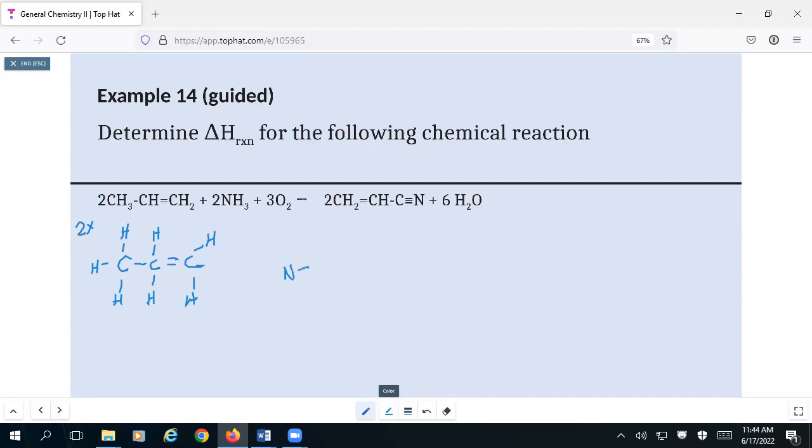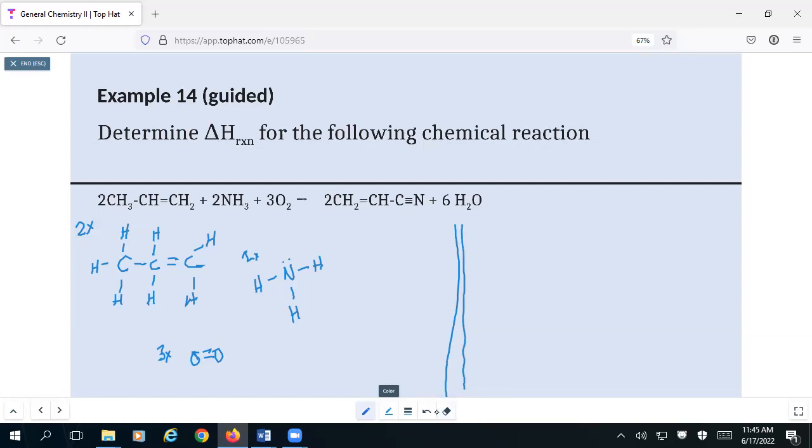Ammonia structure is pretty well known: 3 hydrogens on the 1 nitrogen. I also have 2 of those. And I have 3 oxygens, oxygen being in the molecular phase a double bonded molecule, and I've got 3 of those.